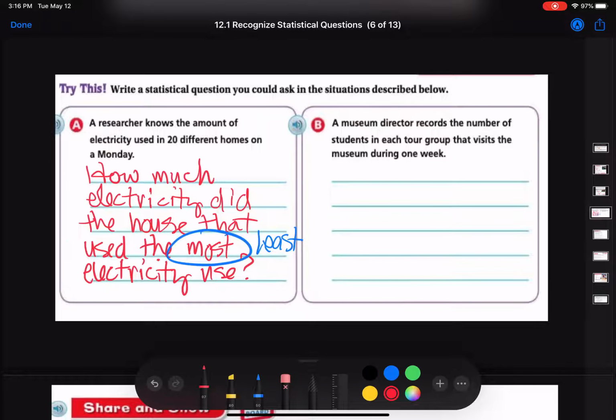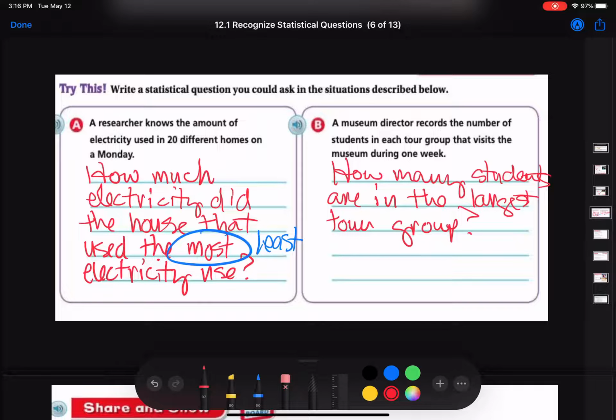Okay, here's another one. A museum director records the number of students in each tour group that visits the museum during 1 week. Okay, so kind of similar to A. I could say how many students are in the largest tour group.